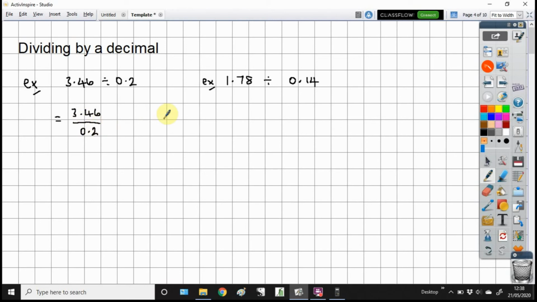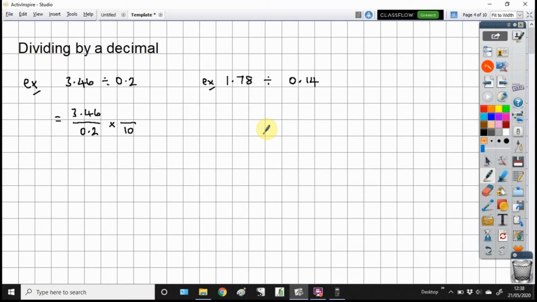Now, you should know about equivalent fractions. Let's change this fraction into an equivalent fraction, so it'll mean exactly the same thing, but it will be written using different numbers. What we're going to do is change the denominator such that it becomes a whole number.